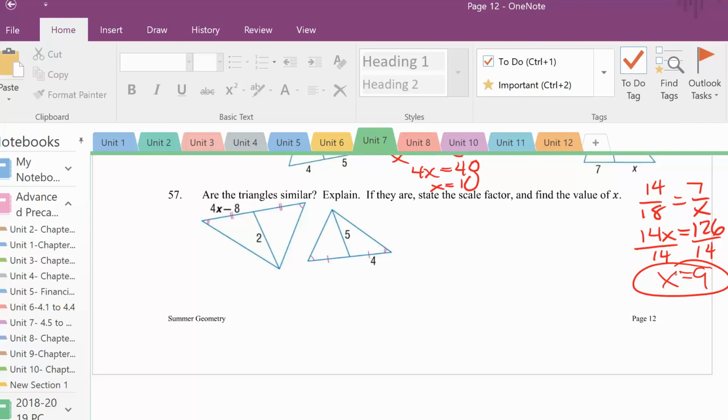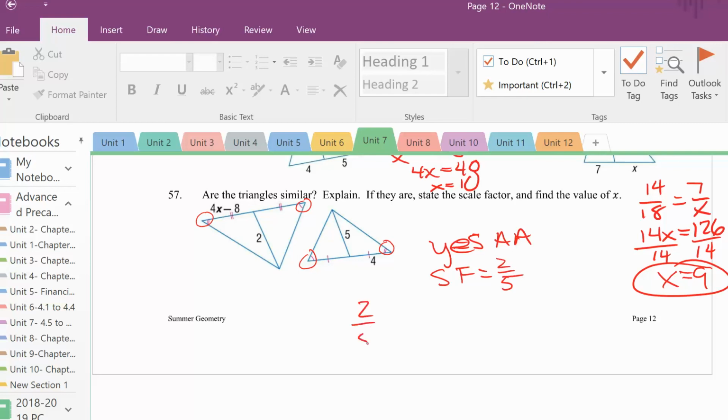Last one here, are the triangles similar? And the answer is yes, because of angle-angle similarity. Because notice you have two angles of one triangle congruent to two angles of the other. So then, because of that, the corresponding medians will have the same ratio, so it's 2 to 5.